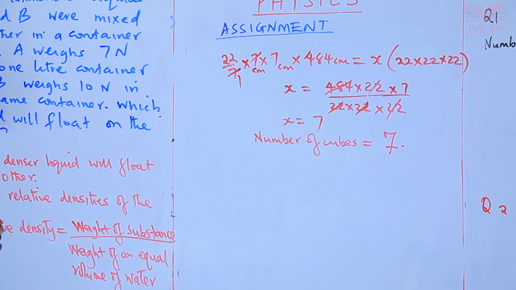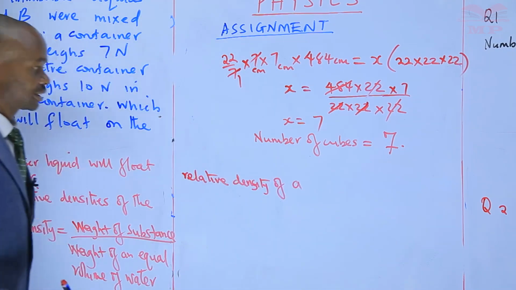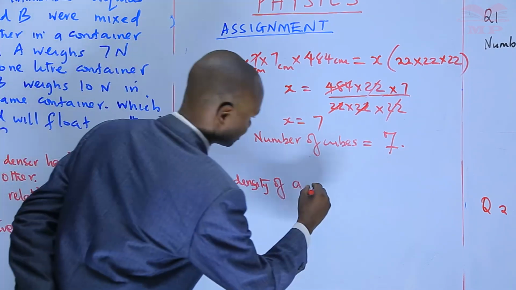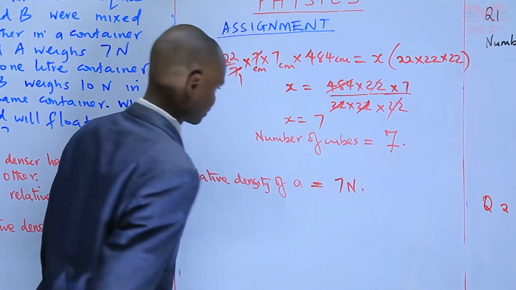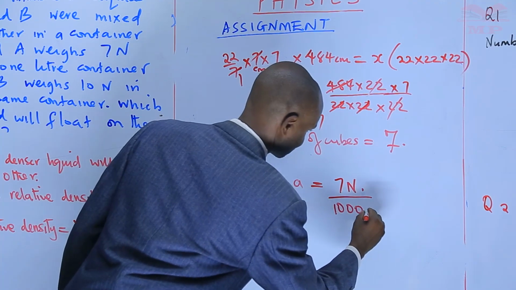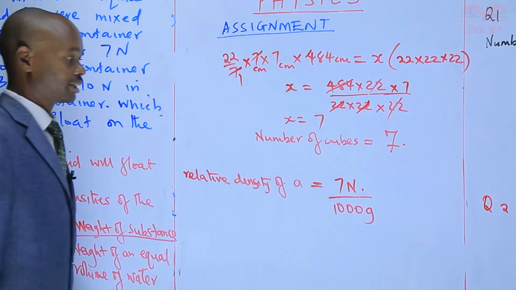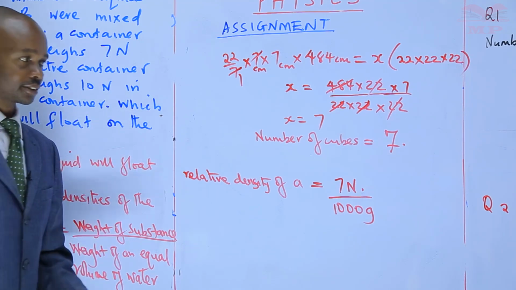So we start with the first one. Relative density of A is equal to 7 newtons divided by 1,000 grams. Somebody asks me, where have I got 1,000 grams?